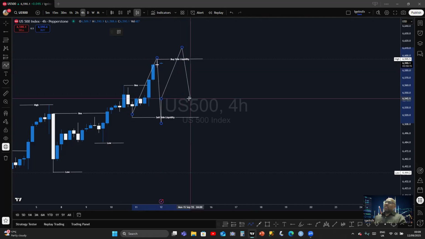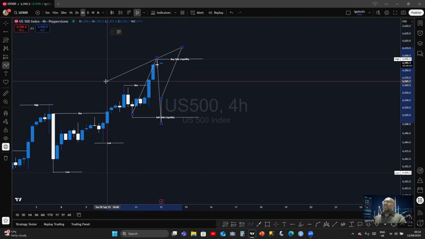So if you find yourself on the wrong side, your order will not be used as liquidity. That's why they always say trade with the trend, not against the trend. So that is how it is.